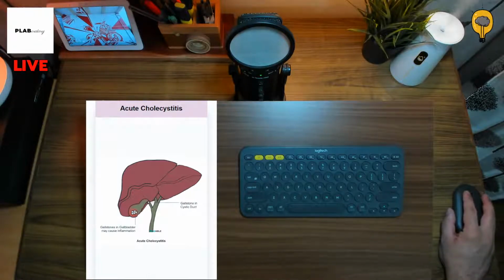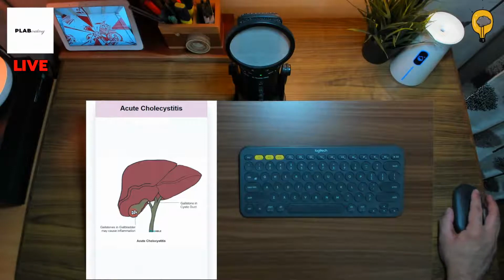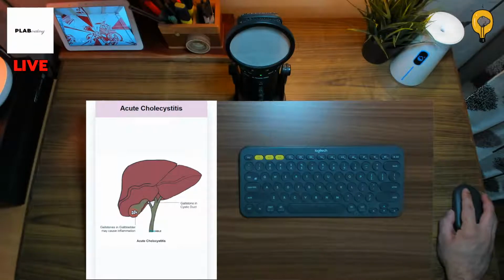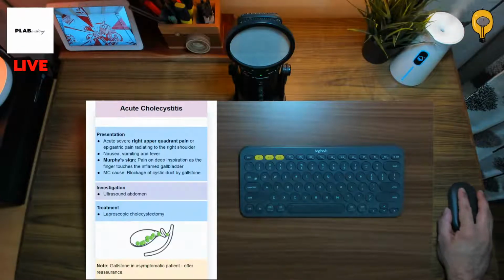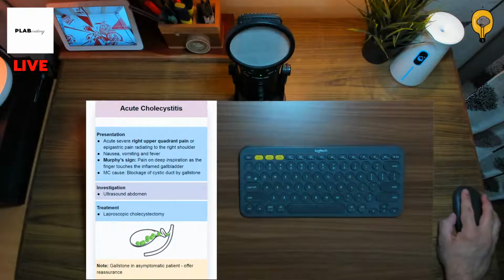Here is the gallbladder, and we have the neck of the gallbladder, that is the cystic duct, and impaction of a gallstone in the neck of the gallbladder. So a gallstone in the cystic duct is mostly a cause of acute cholecystitis. Gallstones in the gallbladder may cause inflammation. So this is about.